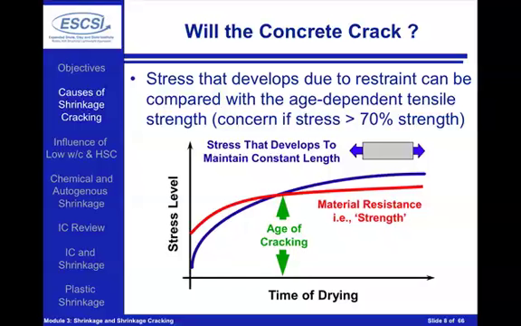And this is partially due to moisture gradients, it's partially due to probabilistic concerns, it's partially due to a phenomenon called creep rupture. The basic idea here is that we really want to try to keep the stresses in the system as low as possible, but once we start to get to about 70% of the tensile strength, we really have to worry about these unwanted cracks starting to form, and starting to form very quickly inside of our concrete.